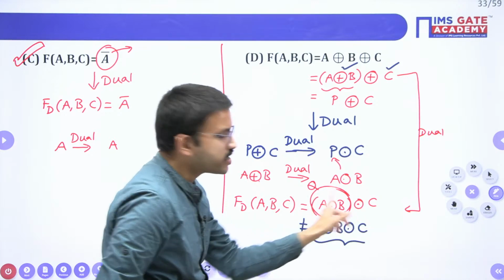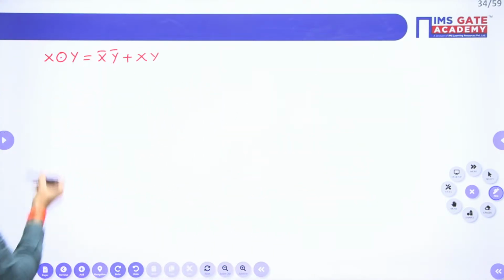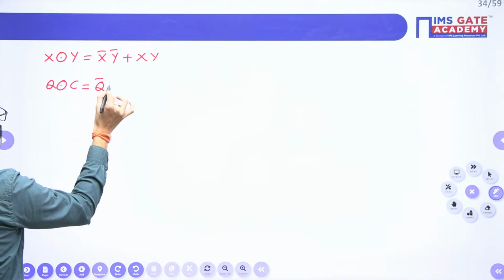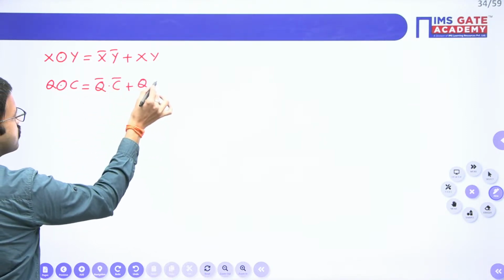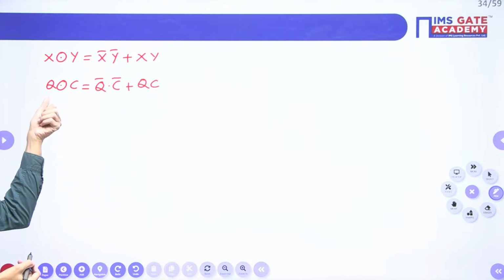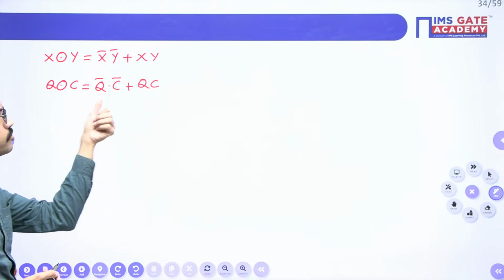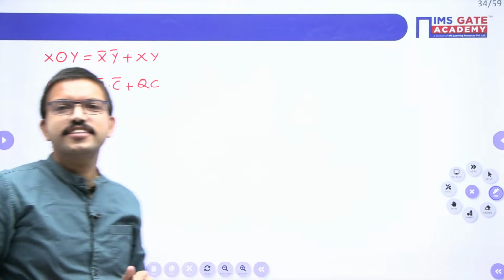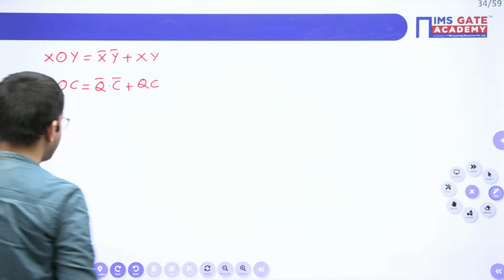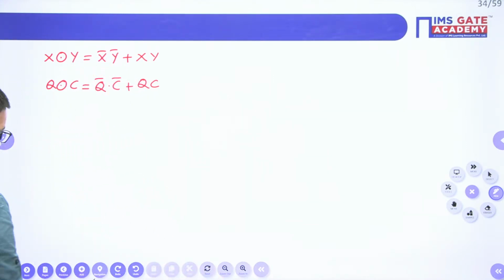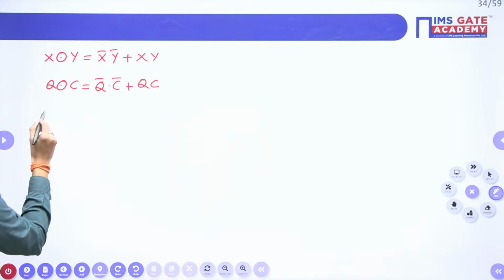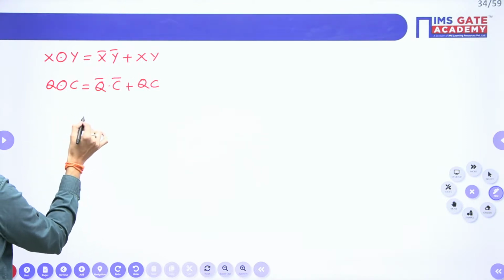Say you want to perform q XNOR c. That is q bar c bar plus qc. XNOR is nothing but q bar c bar plus qc, right? Now where q is nothing but A XNOR B.